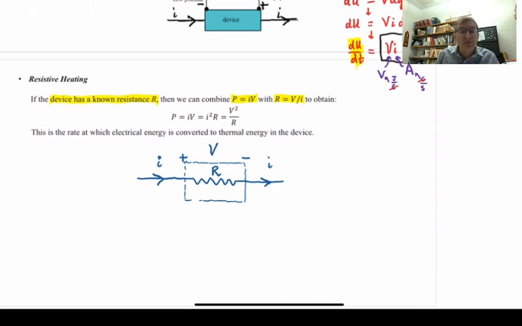And so we are transferring energy from the current into the resistor, into thermal energy of the resistor, at the rate P equals IV. And that's certainly true.